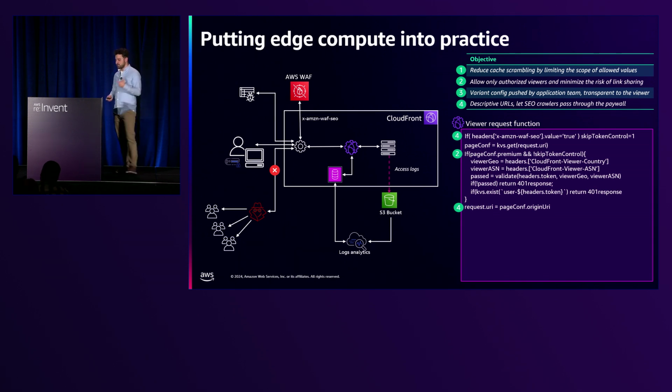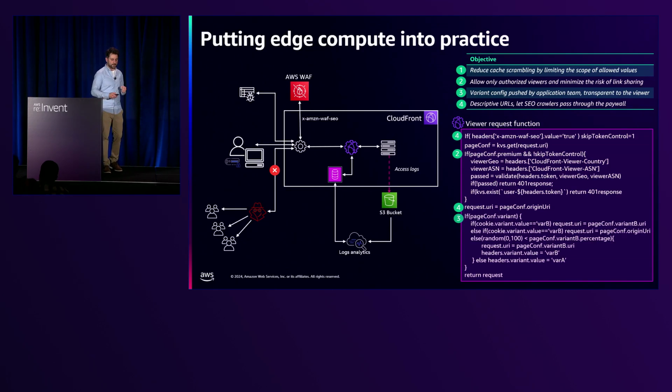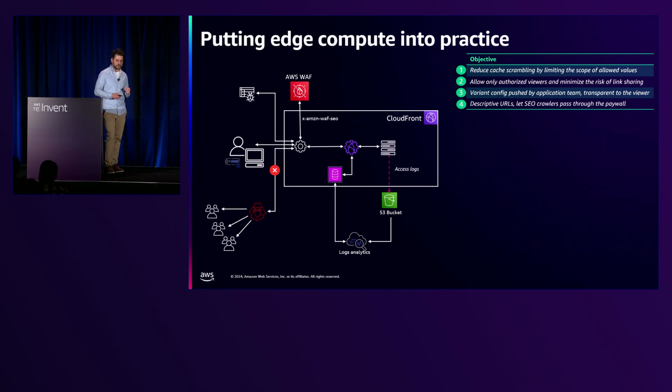And then when the page request comes in, the function will read that configuration, and it will immediately know how to translate that user-friendly URL into the original URL that our CMS would be able to understand. And if any A/B testing, any variant testing has been configured, the function will also roll a dice and decide which variant of the page should be served to the viewer.